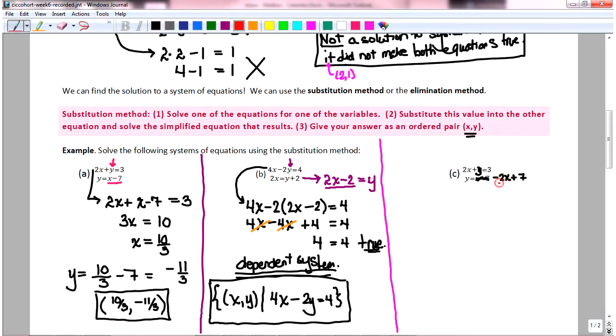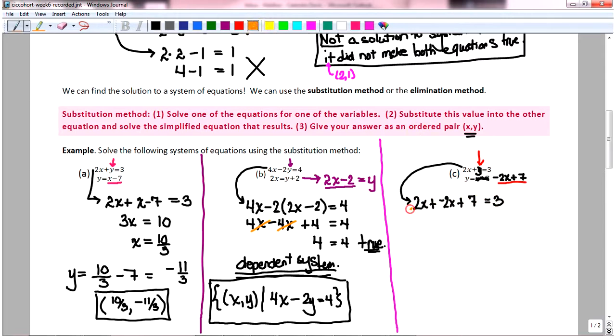Okay, so now we're going to take that negative 2x plus 7 and plug it in for y. So that means the first equation is going to become 2x plus, well, instead of y, we have a negative 2x plus 7, and we have that it's equal to 3.